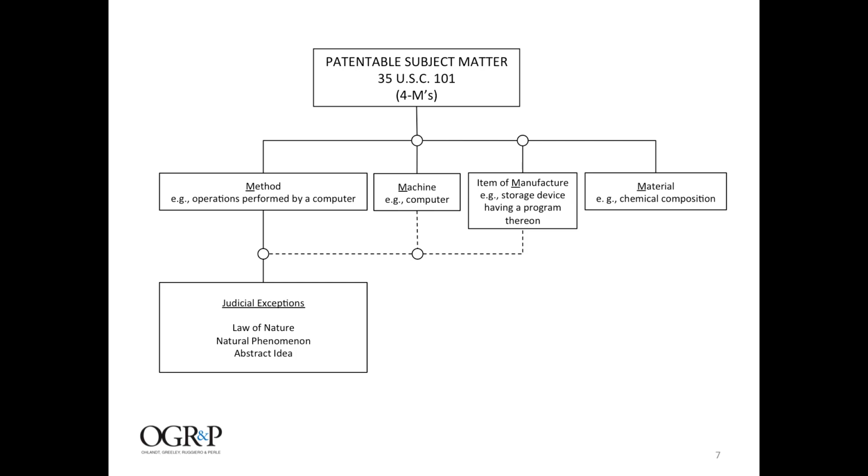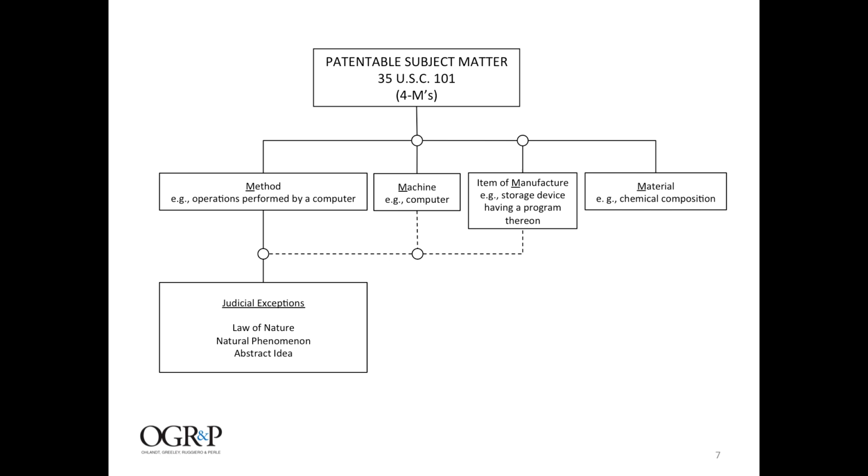Anyway, judicial exceptions: you can probably instinctively understand how an abstract idea, a mathematical algorithm, those things that you could do in your head, fall under the heading of a method. It's a method of doing something, a method of analyzing numbers that converge and you get an output of a number, okay? I've drawn these dashed lines from judicial exceptions up to machine and item of manufacture because I'm now going to jump around, and it's because I expect that most of the people here have some experience with patents.